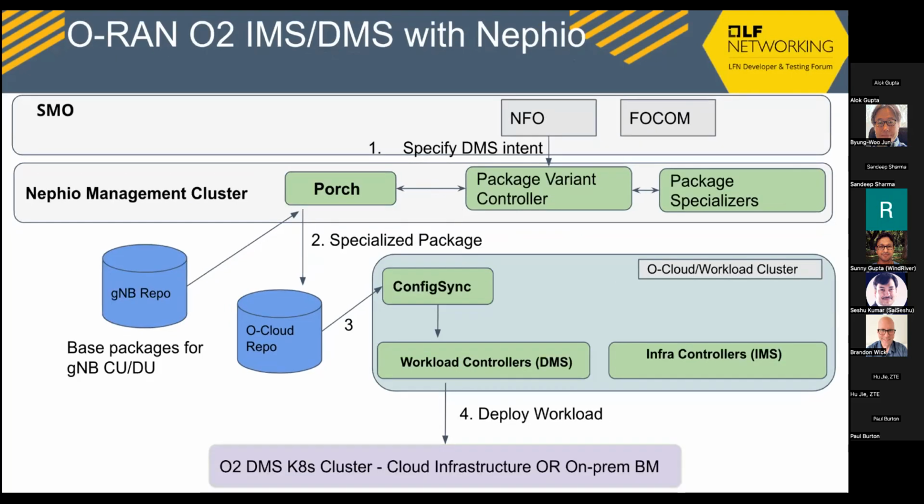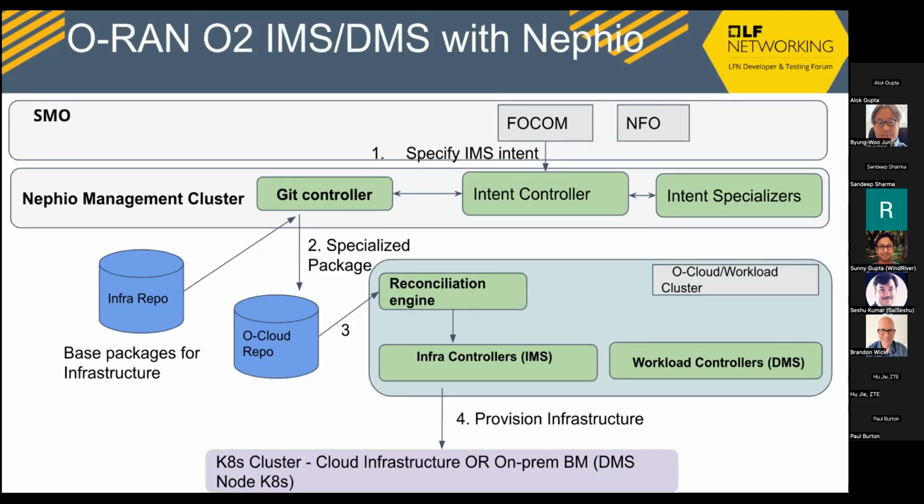Another comment on the same diagram: you're showing the workload controller as DMS, and if you see the Kubernetes profile for DMS, that's nothing but our Kubernetes workload cluster, which you are creating in this purple box. DMS is almost the standard Kubernetes API.